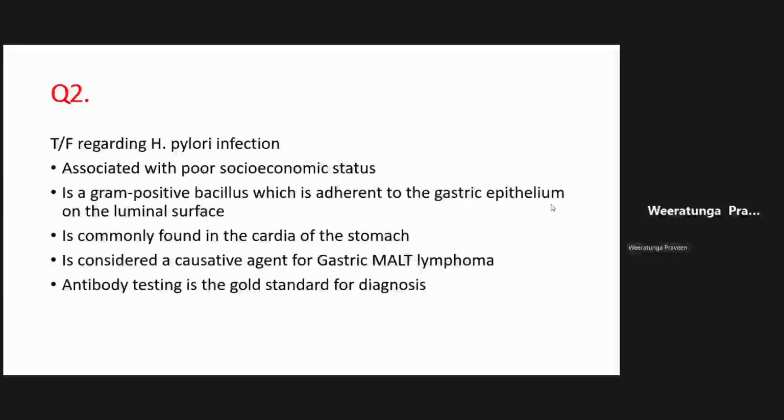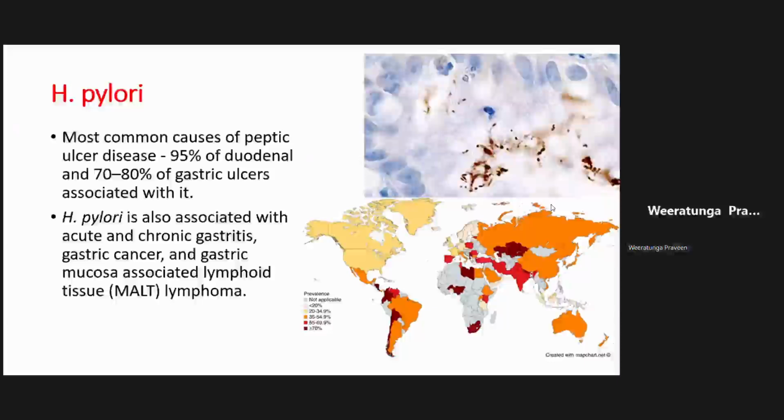Right, now the next MCQs are focusing on peptic ulcer disease and Helicobacter pylori. Initially we have a few facts about Helicobacter pylori. Helicobacter pylori is the most common cause of peptic ulcer disease. As you know, peptic ulcer disease refers to duodenal ulcers and gastric ulcers.